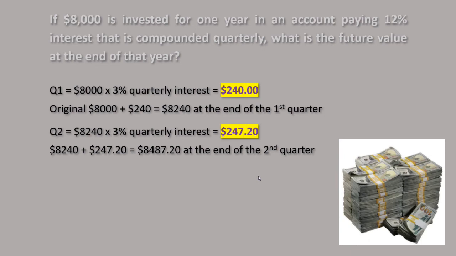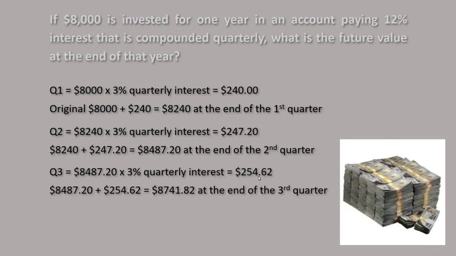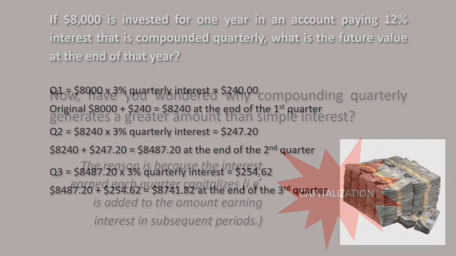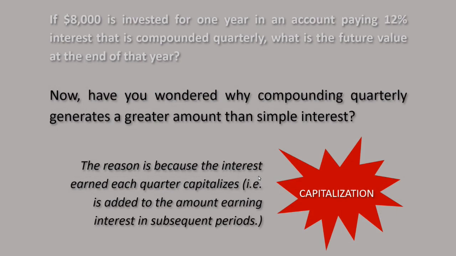You're going to actually have that interest towards the principal plus the previous interest, right? So let's do the third one. Look at that. Now it's up to $254 in interest. That's why the banks are making a lot of money, right? Maybe we're in the wrong business. Okay. Now, to answer your question, have you wondered why compounding quarterly generates a greater amount than simple interest? Because of capitalization.